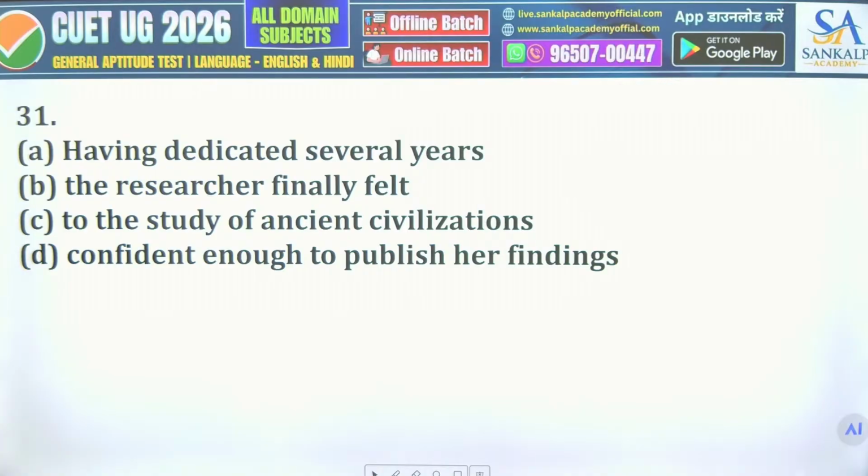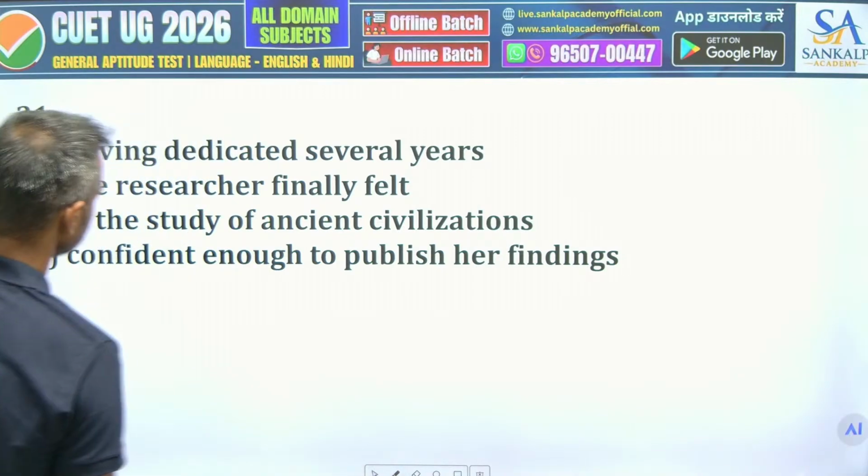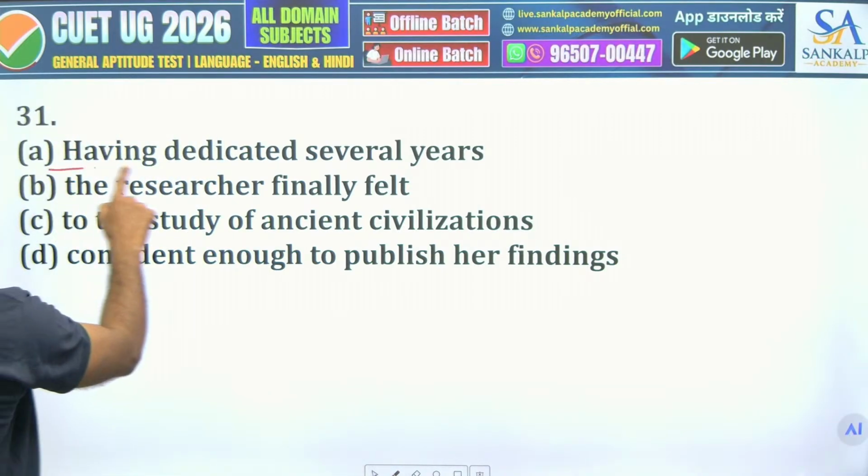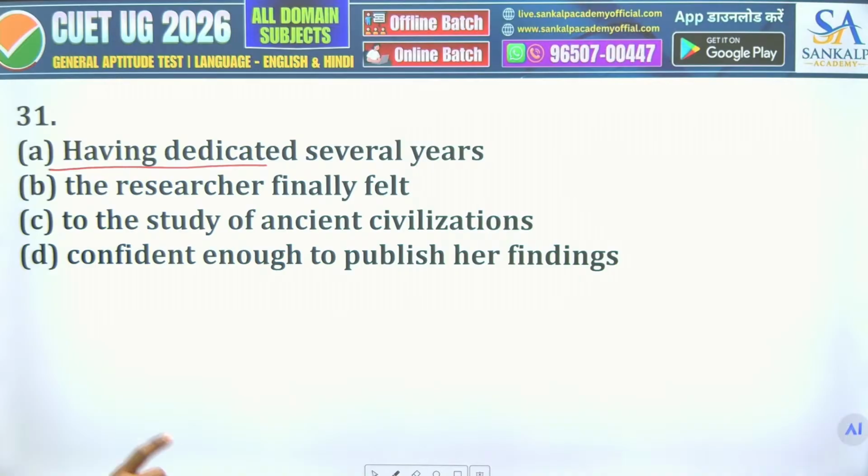Okay. So you see, I told you how this structure can go. Having dedicated several years to the study of ancient civilizations, the researcher finally felt confident enough to publish her findings.